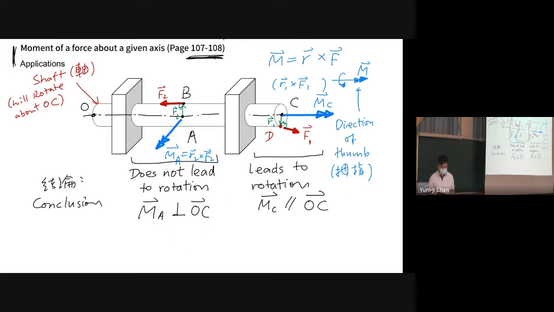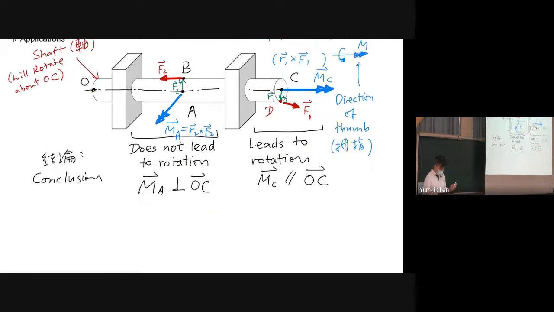To determine this, let's look at the angle between M and OC. So this one is 0 degrees and this one is 90 degrees, right?